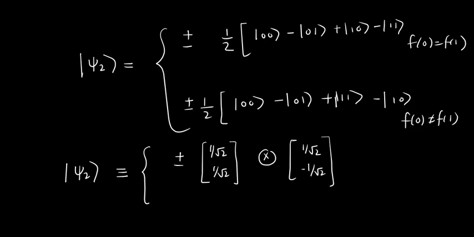Here I am writing this qubit state in the form of a tensor product: half times 0 0, half times minus half times (0 1 plus 1 0), minus half 1 1. So just consider this, right?